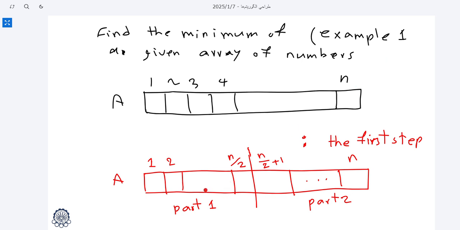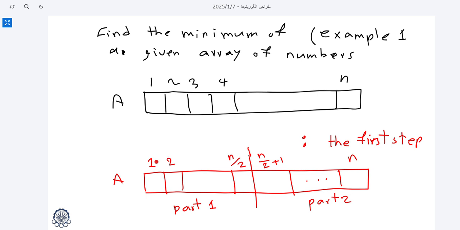In the second step, we call our algorithm. Suppose the name of our algorithm is minimum func. We may put any name for the algorithm; the name is set by me.